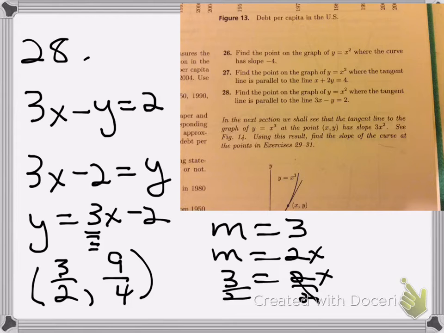All right, the next problems are going to deal with a different curve, so we're going to do that on the next slide. Okay, so in this slide, we see that we're using the cubic function, and the slope is going to be 3x squared. For 29, I have the point 2, 8, and they would like me to find the slope of the curve at that point.